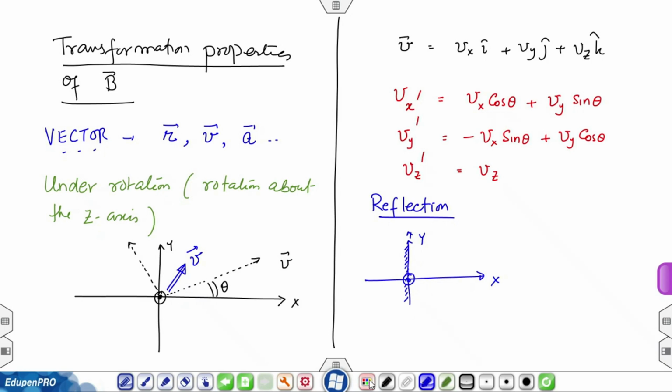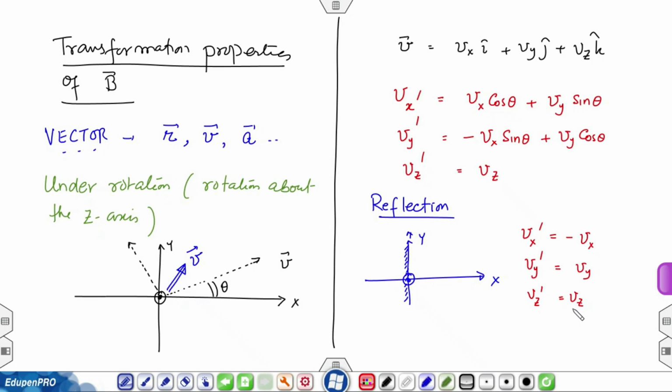In that case, V x prime is going to be equal to minus V x, V y prime remains V y, V z prime remains V z. So, the component perpendicular to the reflection plane gets changed as sign changes.